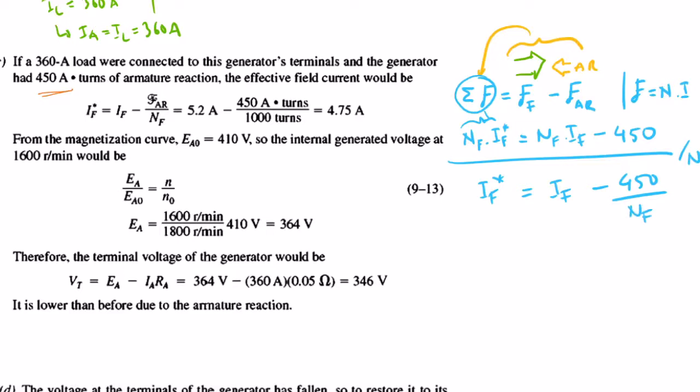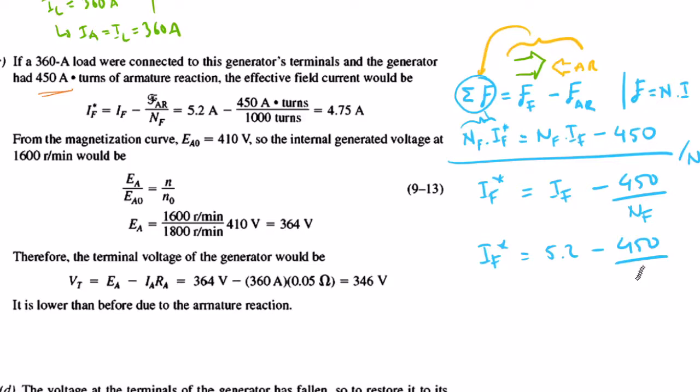Therefore the effective field current is 5.2 minus 450 divided by 1000, which equals 4.75 amps.